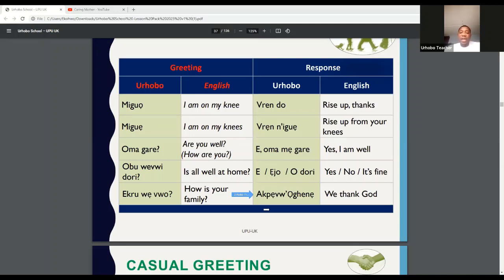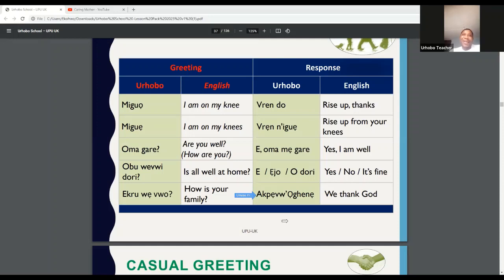The next word we'll look at is God. God in Urhobo is Orene. So that's how we call God. If you want to say my God, you will say Orene me, not me Orene.